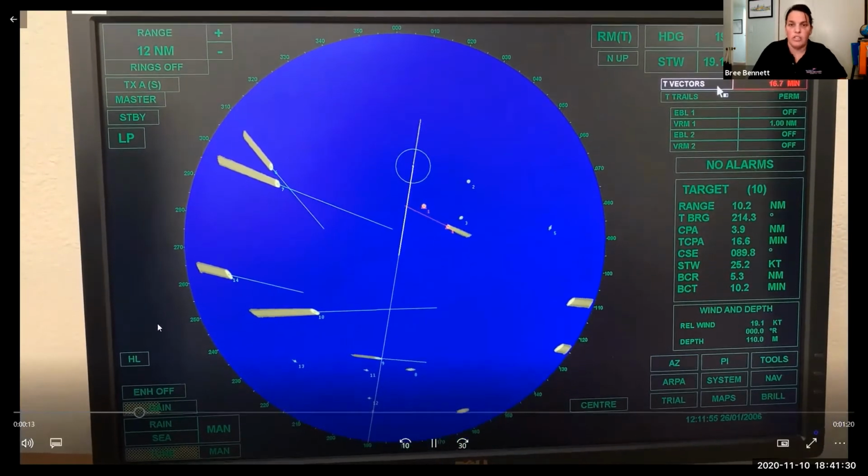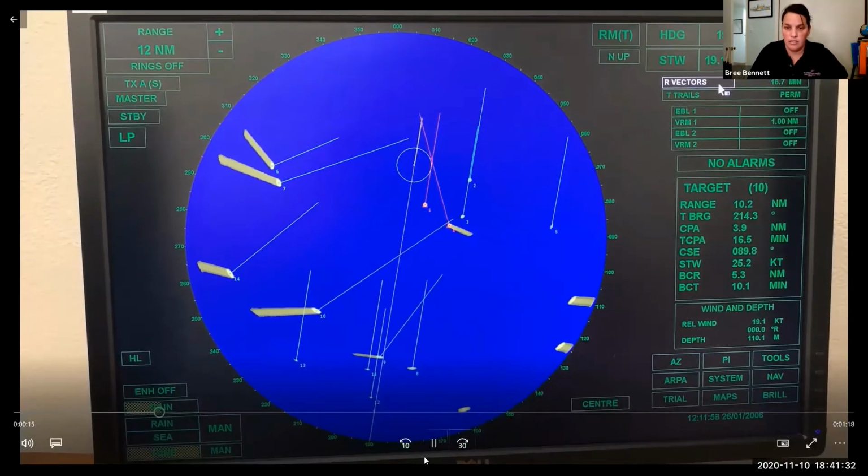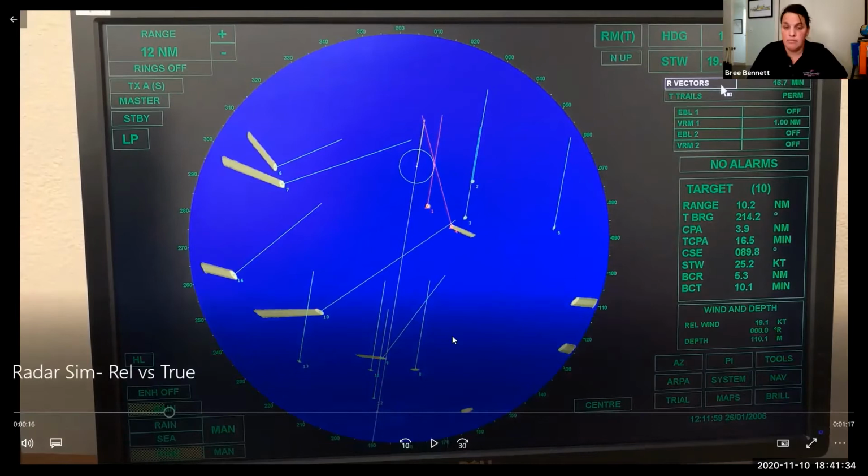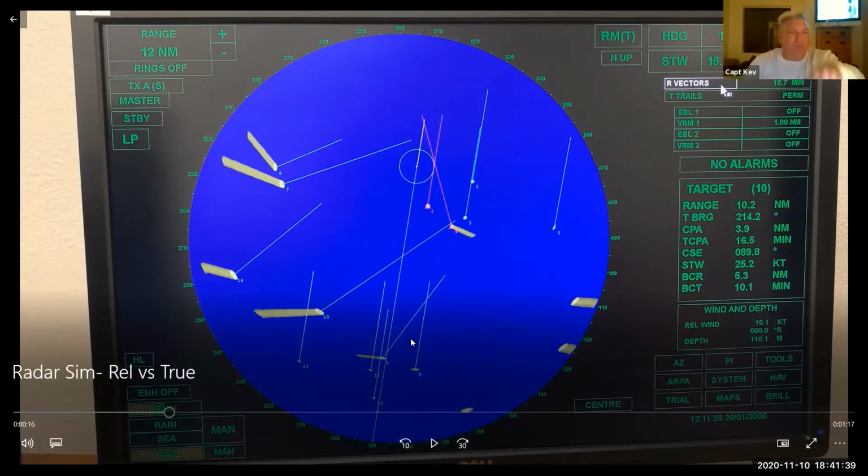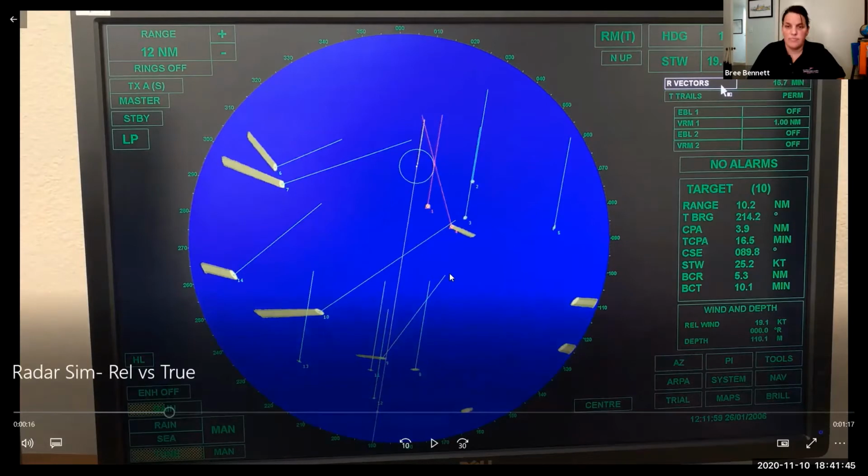Can you change how much it projects forward or shows trail on you? Yes. You can change all the trails. You can change the length of, I think on here, it says trails are permanent. So since I started transmitting, they're permanent.